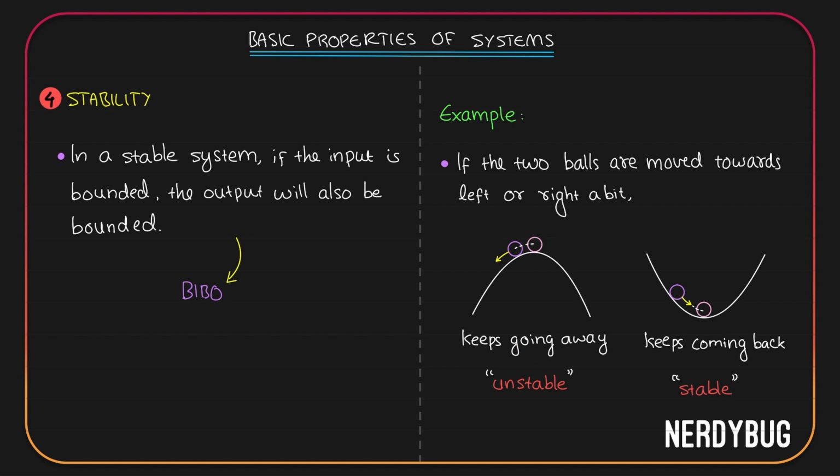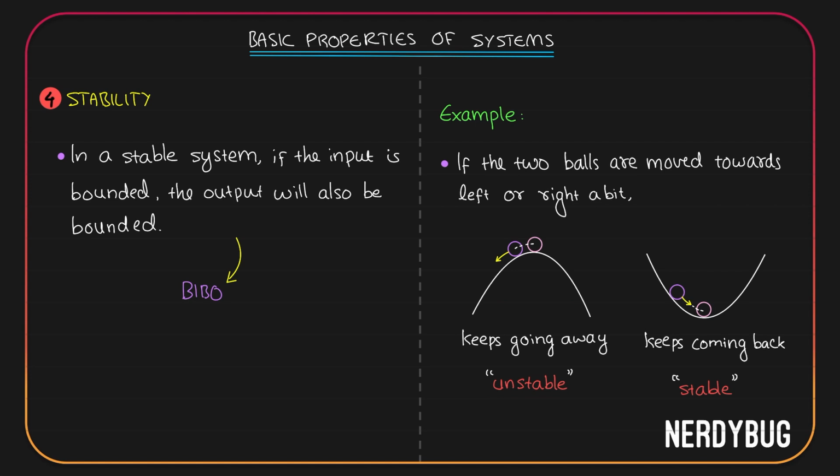On the other hand, if I take this ball, move it a little bit towards left over here, it will come back to the original position. If I move it a little bit towards this side, it will again come back to the original position. So we can call this system stable because it keeps coming back to the original position. This is unstable because it will just keep going away.